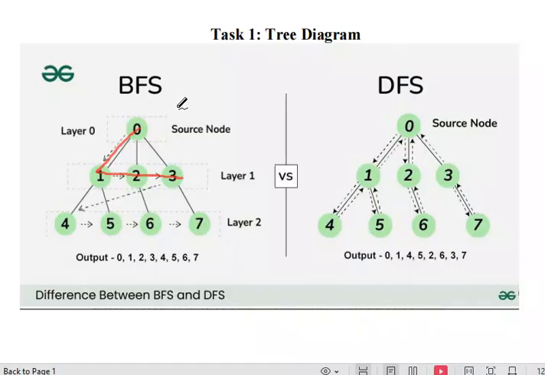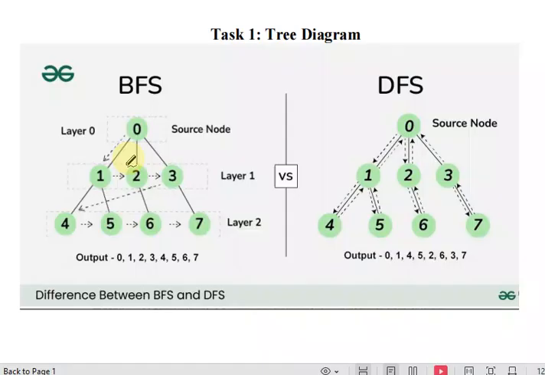In the second step, we visit 1, and the children of 1 are 4 and 5. So we will add 4 and 5 to the queue. After that, we visit 2 and its child is 6.